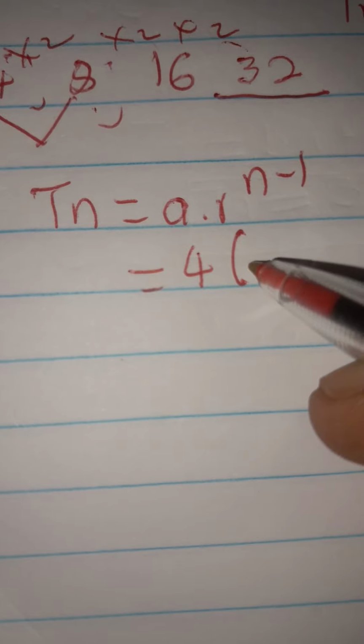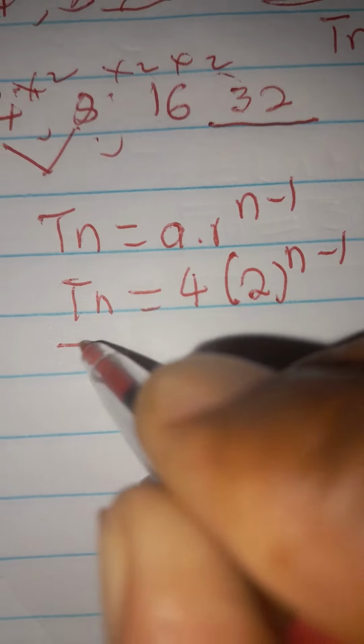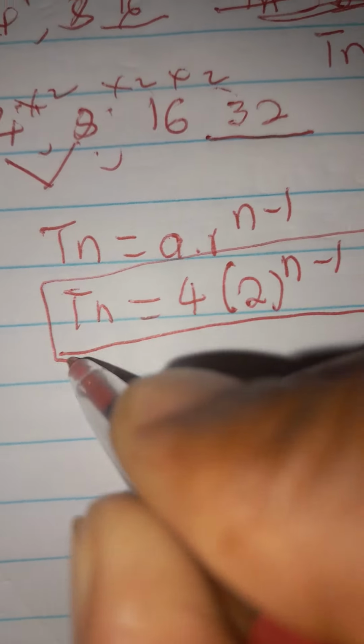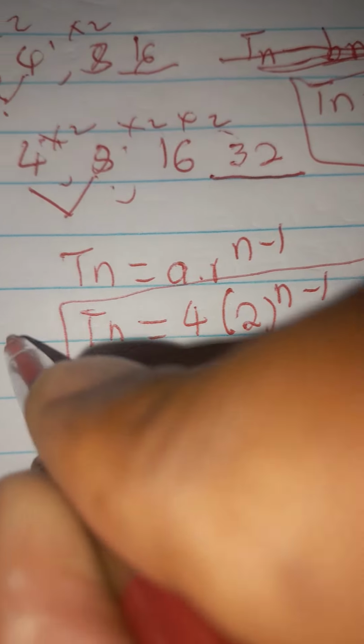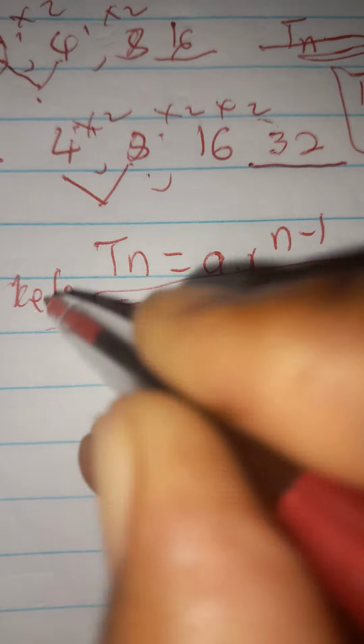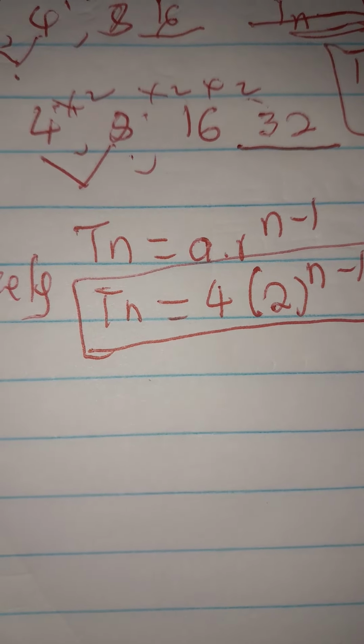To determine the rule in each pattern, remember, Tn is equal to A R to the power of n minus 1. The first term is 4. The constant ratio is 2. So 4 multiplied by 2 to the power of n minus 1. This is the general term. This is for Sipho, and this is for Kelly. So guys, you will get 4 marks for saying that.